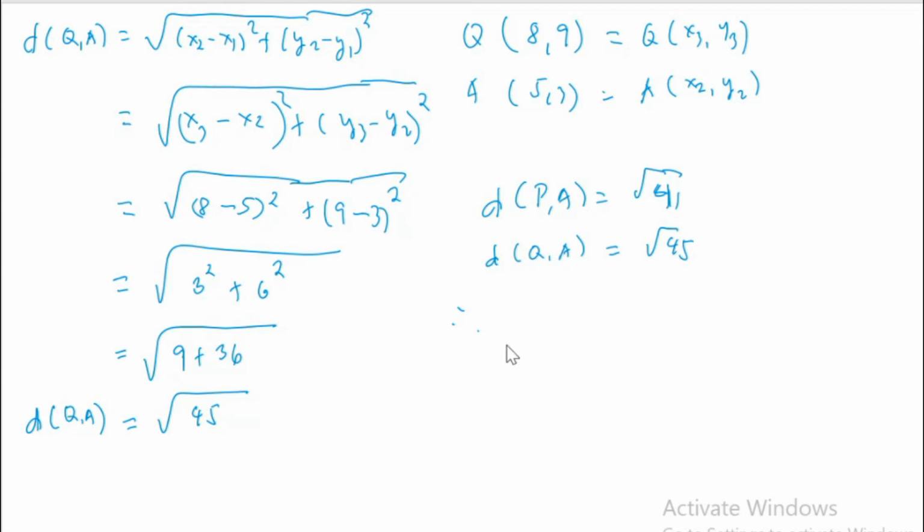Therefore, we could say that point P is closer to point A.